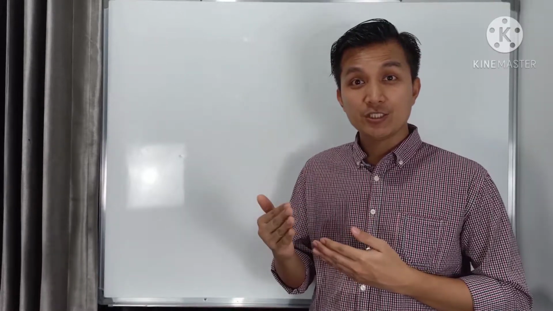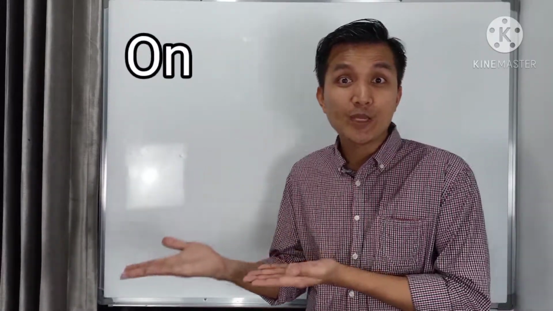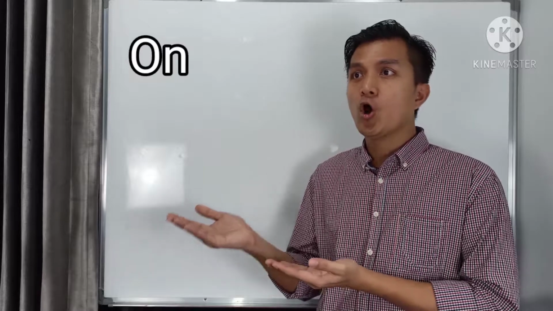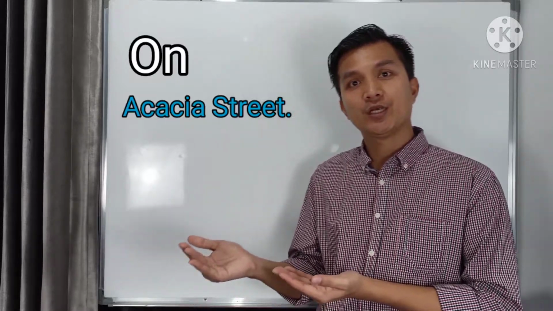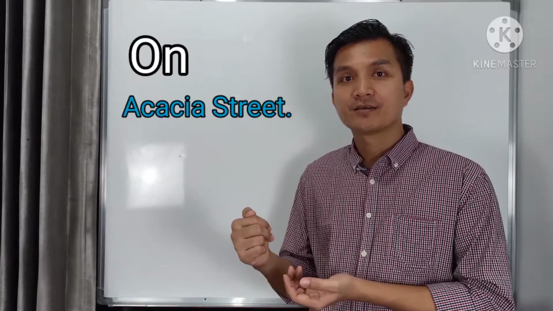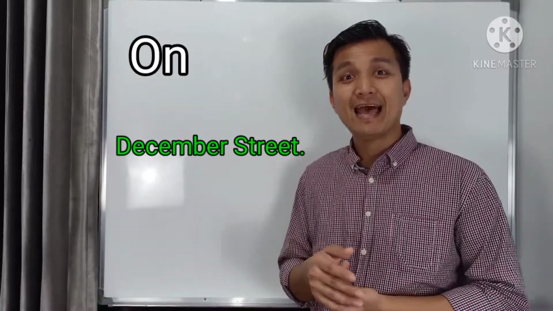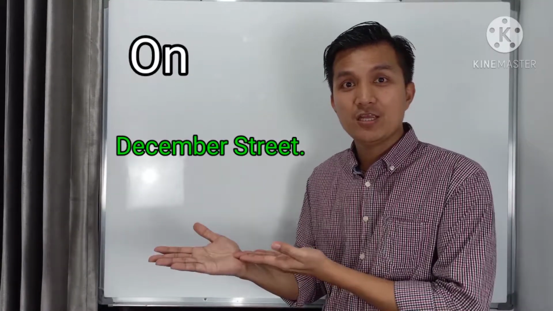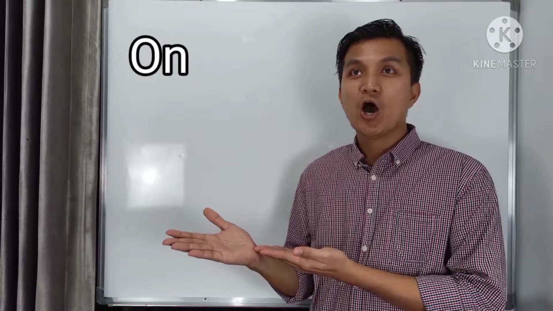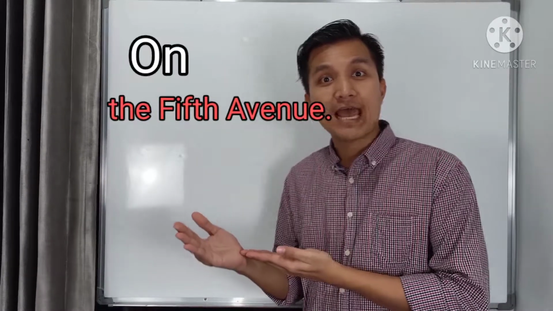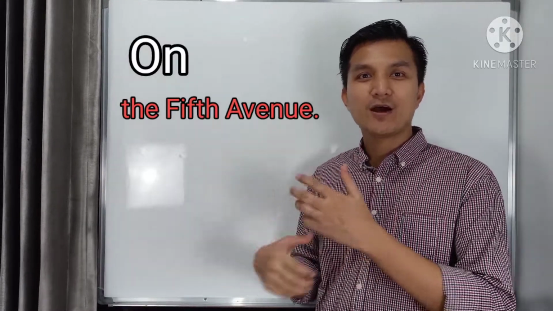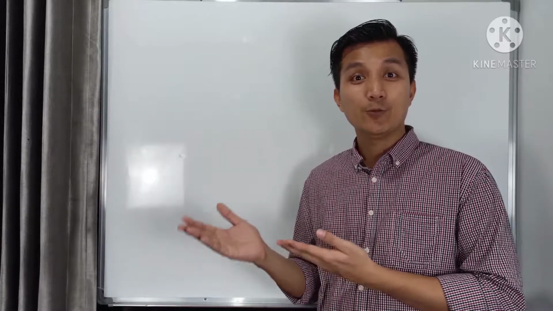Okay, so we will be using the preposition on in streets. For example, on Acacia Street, on December Street, like that. And avenue, we are going on the 5th Avenue. So if we are talking about avenues, and what else?